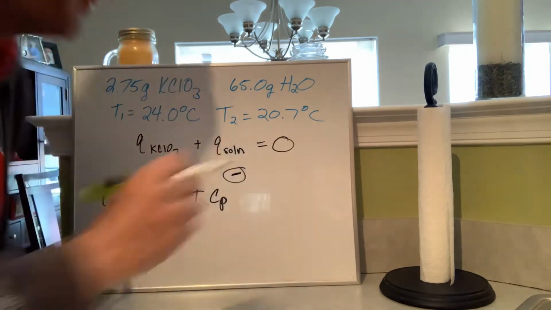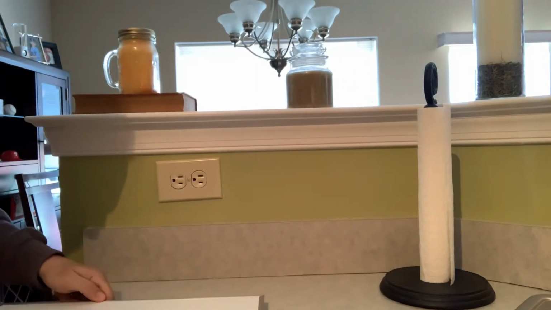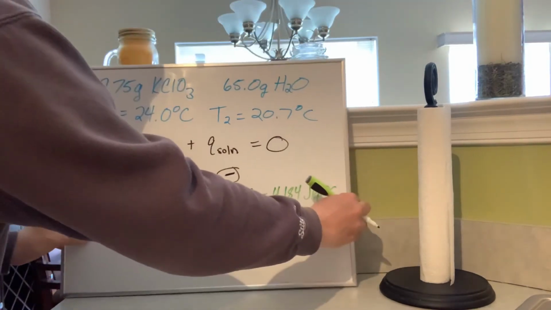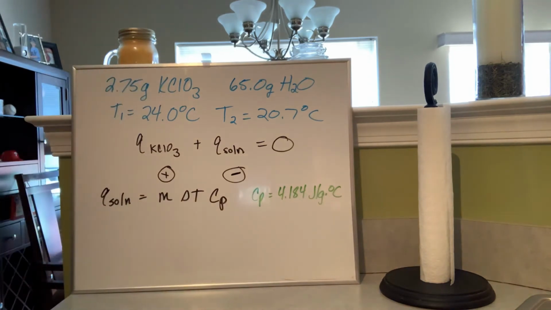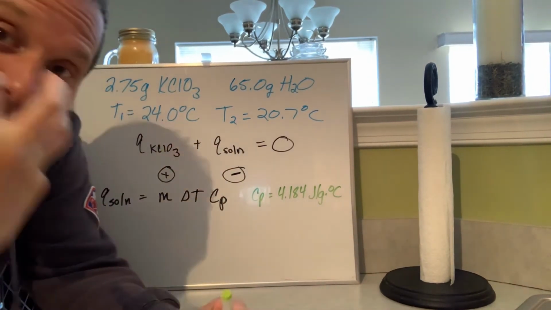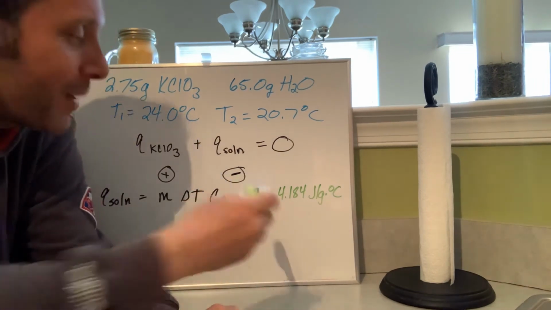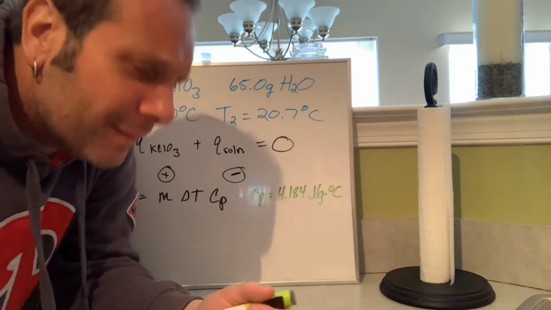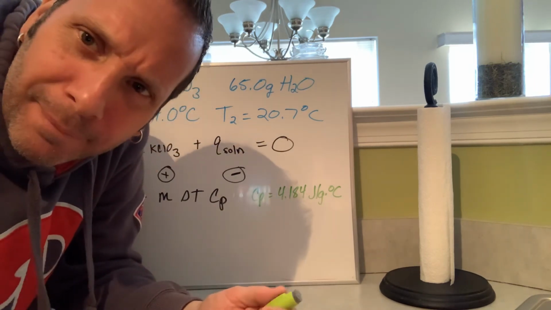Water, right? You should know that the CP is 4.184 joules per gram degree Celsius, or 4.184 joules per gram Kelvin if I was using Kelvin temp. Now, it is mostly water. That's why the CP is probably not exactly 4.184. It's probably a little bit different, right?